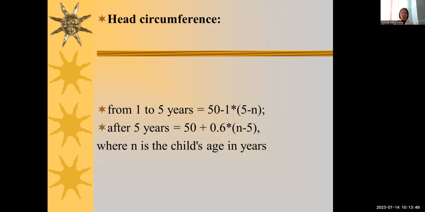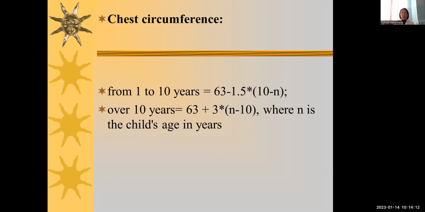Head circumference, we also have 2 formulas. From 1 to 5 years, 50 minus 1 multiplied by (5 minus n). And after 5 years old, 50 plus 0.6 multiplied by (n minus 5).